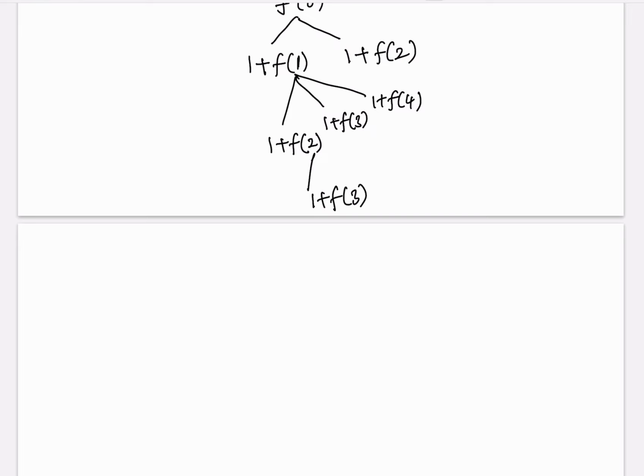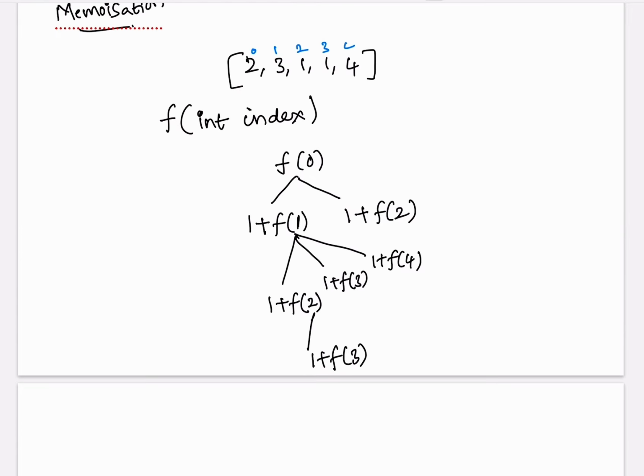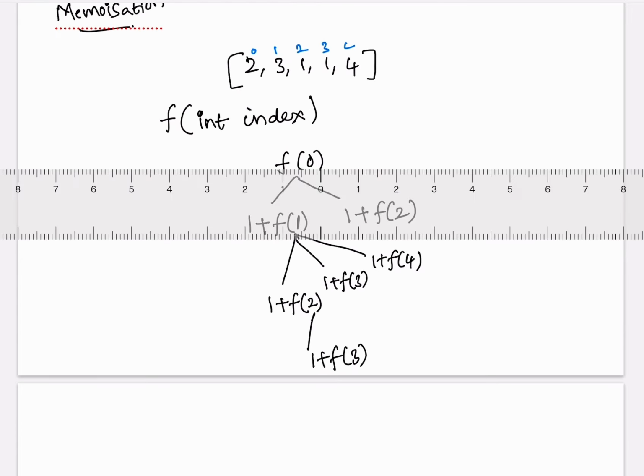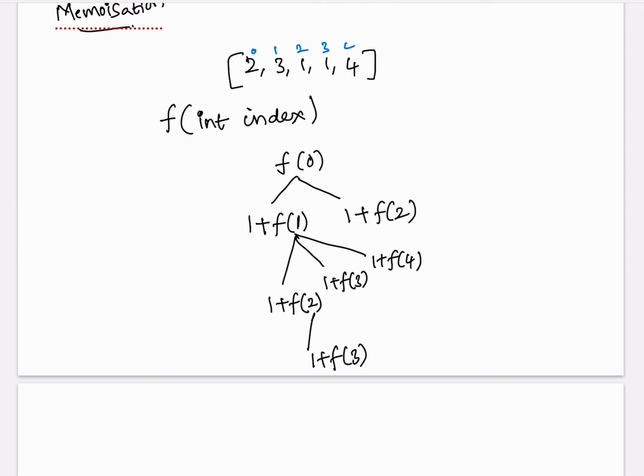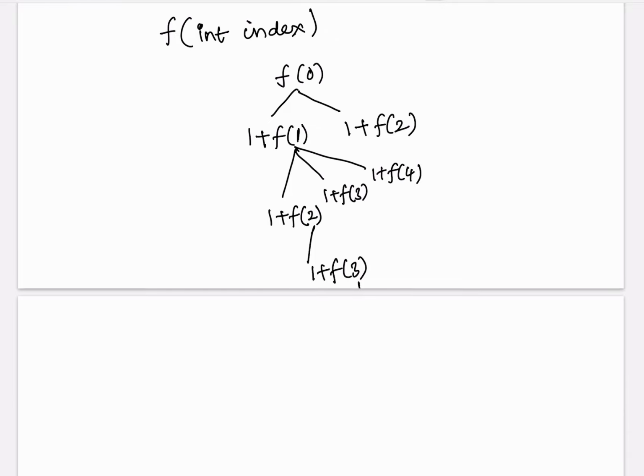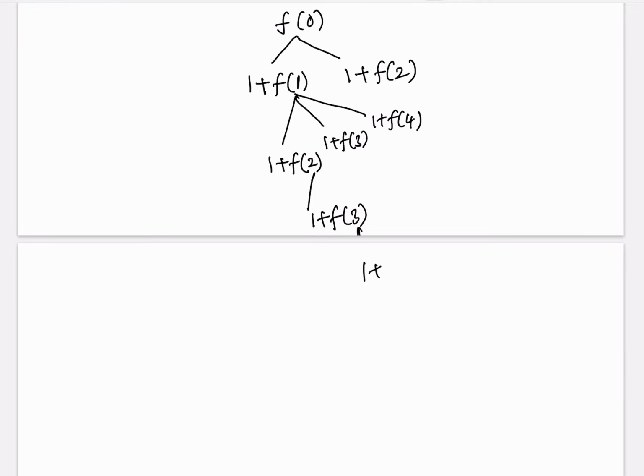Now we check for f of 3. We are at index 3. From index 3 you can jump only one step. So how do we calculate this? 1 plus f of 4.